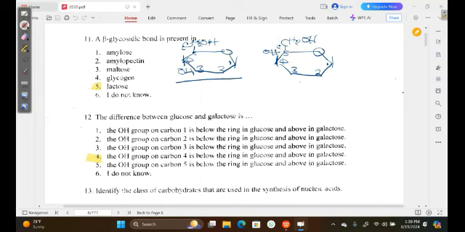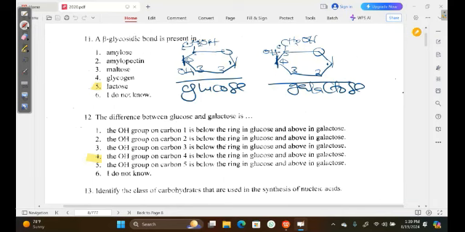This arrangement and this arrangement may look the same, but you need to watch out for carbon number 4, because it is the one that's going to determine if you're dealing with a glucose ring form or a galactose ring form. So this is our galactose, and this is our glucose.